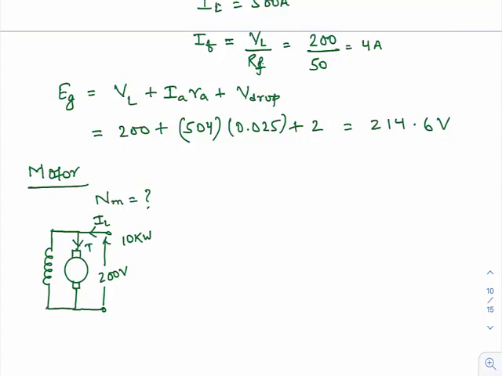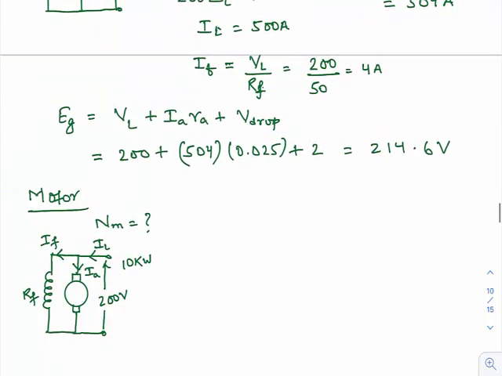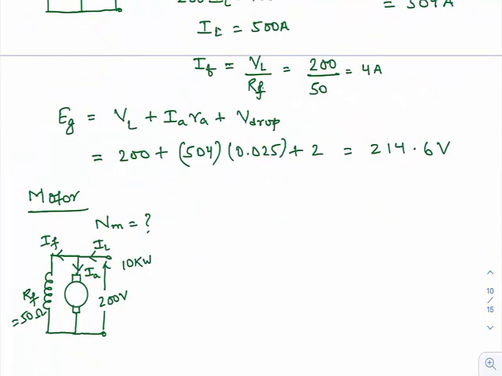This is your IA, that is the armature current that is absorbed in case of motor, and this is your IF, field current, and this is RF. RF would be same, that is 50 ohm, and voltage is same, so IF would remain same, that is 4 ampere, but I have to find what will be the value of this IL.